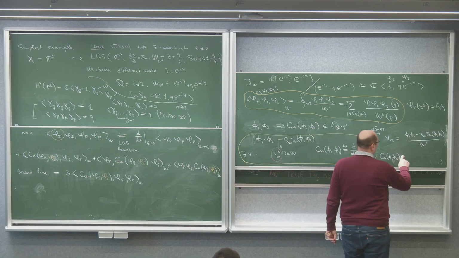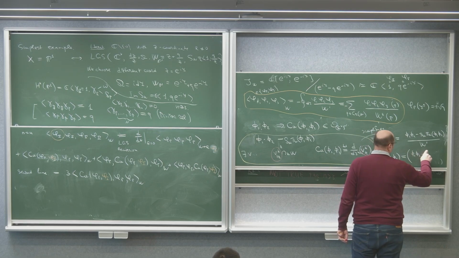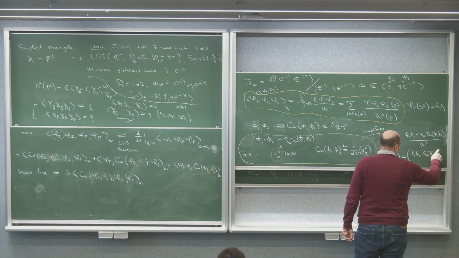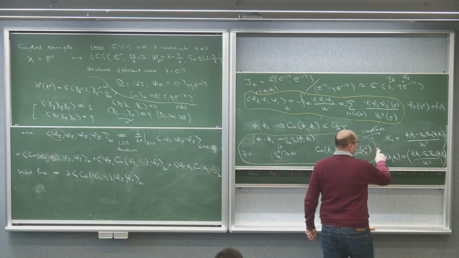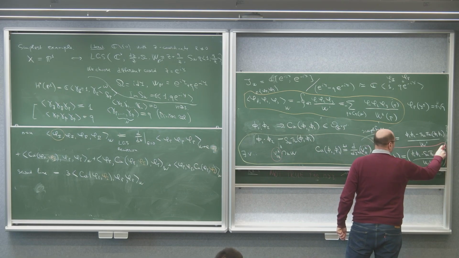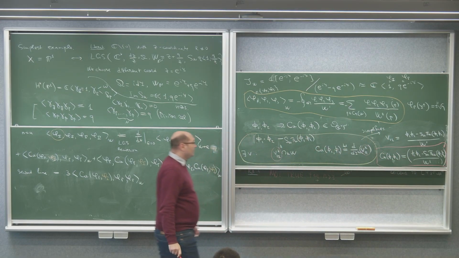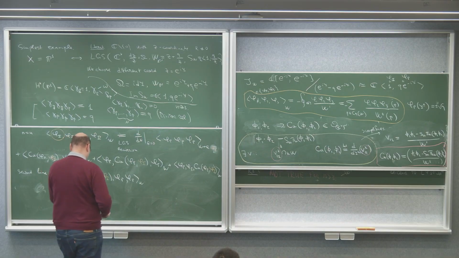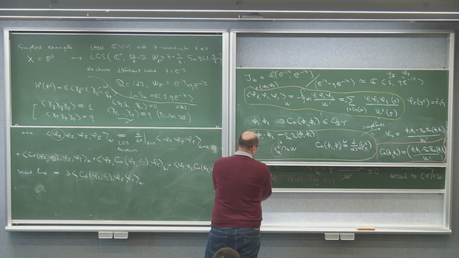So C_W of phi_1 phi_2, we can write this formula: the derivative of the difference phi_1 phi_2 minus S_W pi_W of phi_1 phi_2, divided by W prime. So that is our formula for the contact term in one dimension.